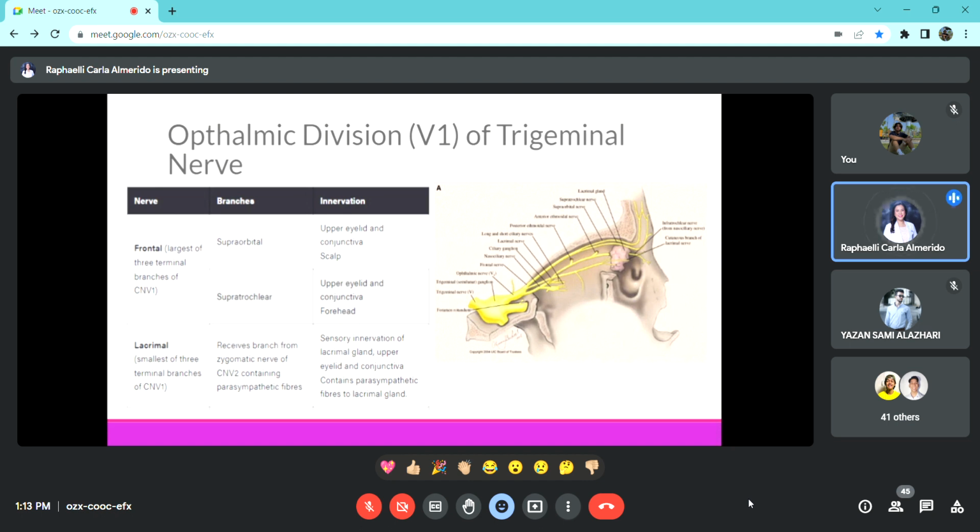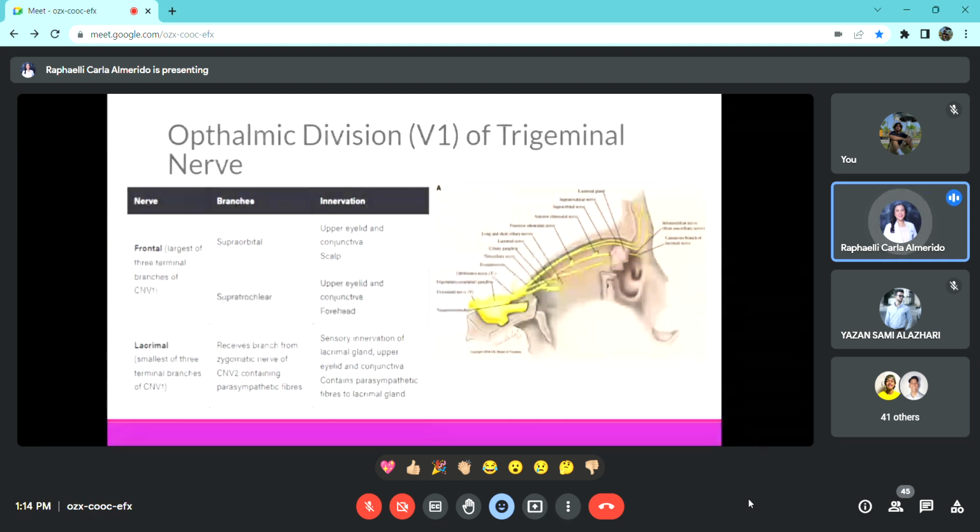And because as it joins with the zygomatic nerve, it contains some parasympathetic fibers. So the lacrimal gland produces the tears, okay, that we produce, or when you are sad, etc. Okay? And what causes the formation of your tears will be a function of your parasympathetic fibers.